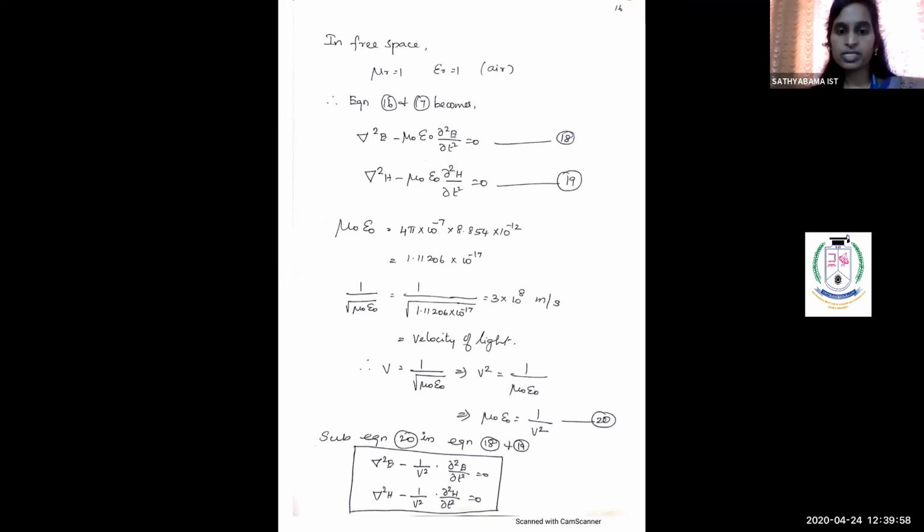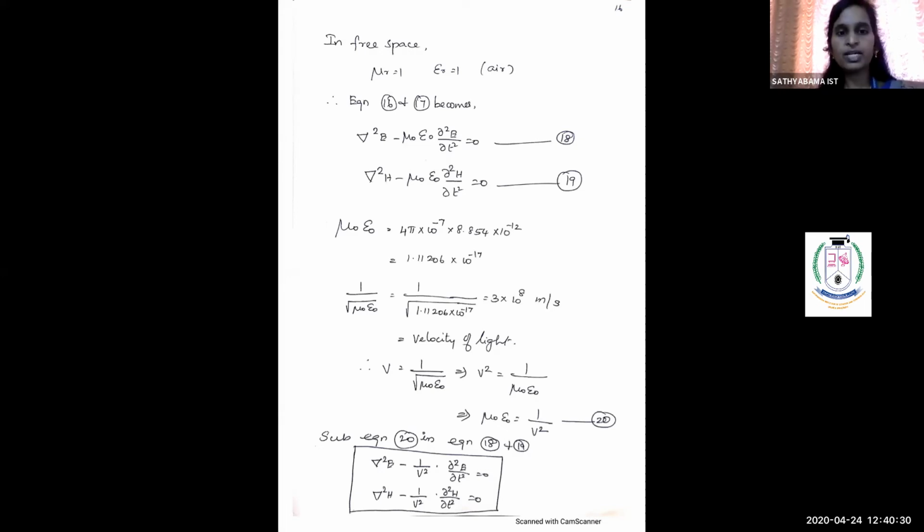What is this? It is nothing but the velocity of light. So I can write my V as 1 by square root of mu naught into epsilon naught. So V square becomes 1 by mu naught into epsilon naught. What is my idea? Instead of mu naught epsilon naught, I can substitute 1 by V square. So in the 18th and 19th equations, in the place of mu naught epsilon naught, I'm going to substitute 1 by V square.